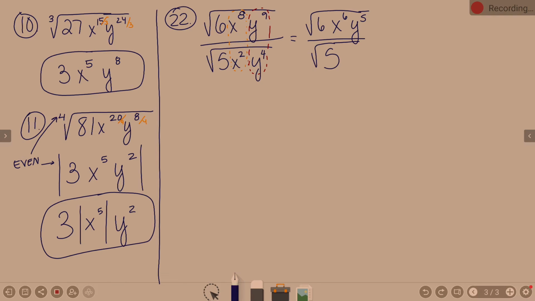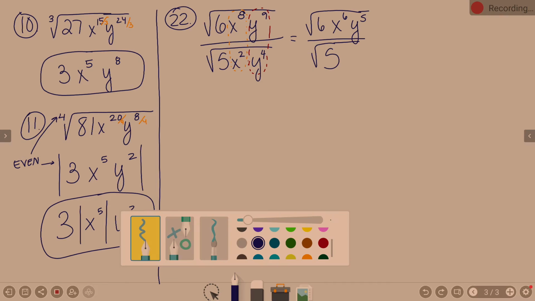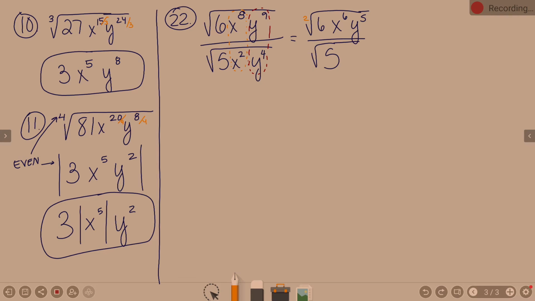Can I take the square root of the whole number 6? Are there any perfect squares in 6? No. Same thing with 5. Those are just stuck there. What about x to the 6th? Can I take the square root of x to the 6th? How do we take the square root of x to the 6th?